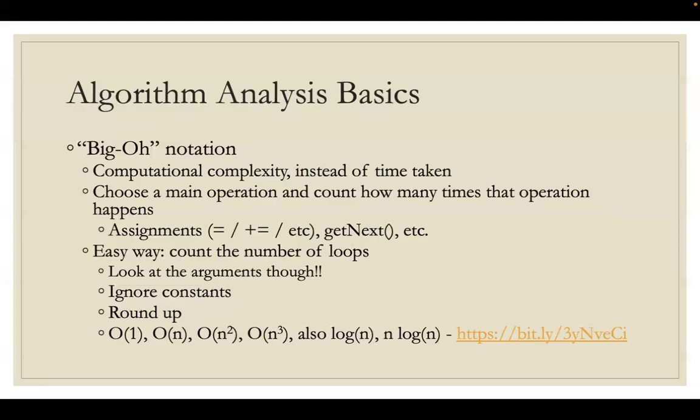So the operation that we choose can vary depending on the algorithm that we're looking at. It doesn't always have to be addition or some math. The easy way to get the big O notation is to look at how many loops we have.